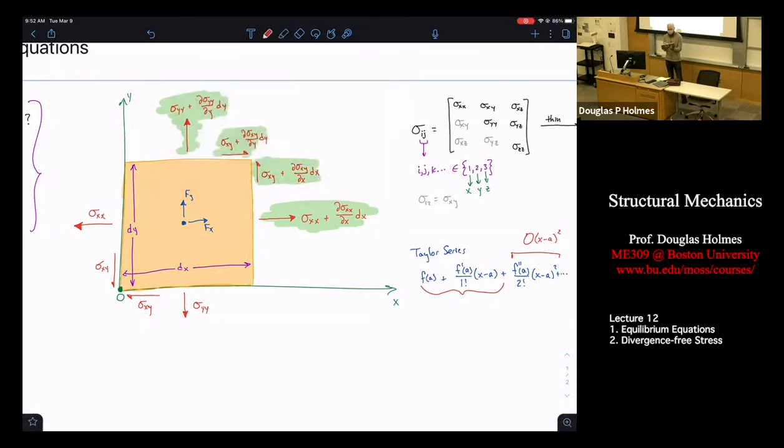So we'll just do this in x, and to find our equilibrium equations, the same rules always apply, which is that the sum of the forces in some ith direction should equal 0. Again, i could be 1, 2, or 3, meaning in this case in Cartesian coordinates that i could be x, y, and z. So we will sum the forces in x.